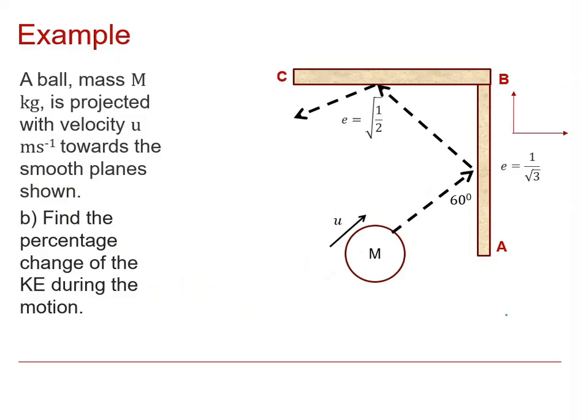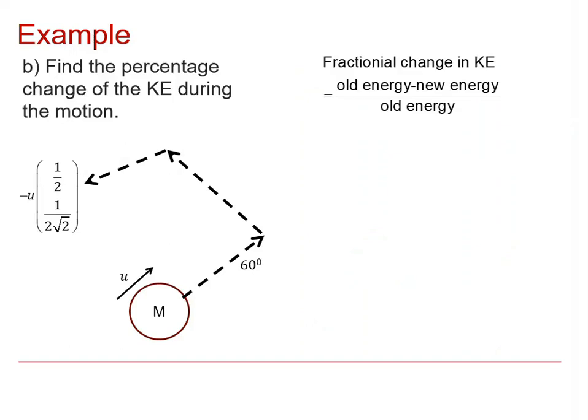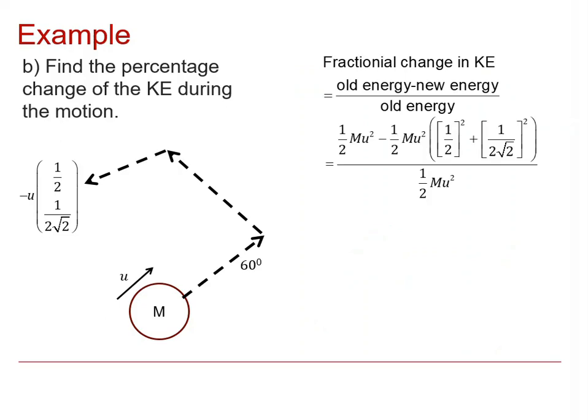So now we can move on to calculating the percentage change of the kinetic energy as I've just outlined. And we've got the information on the diagram for that, so we'll put it diagrammatically like that. Now the energy calculation I outlined is going to be those two differences. There you are, and I've put it so that the smaller one comes second in anticipation of a positive answer, and it's all got to be divided by the original kinetic energy, half mu squared, so that the answer is positive.